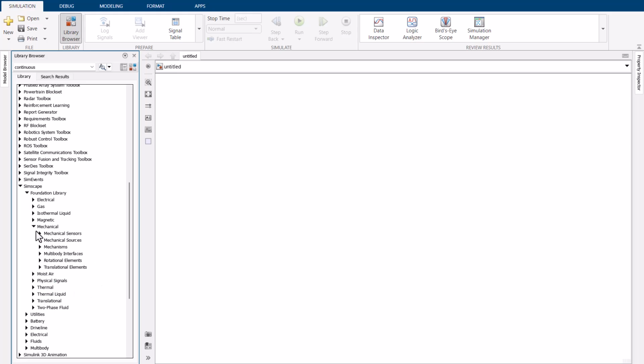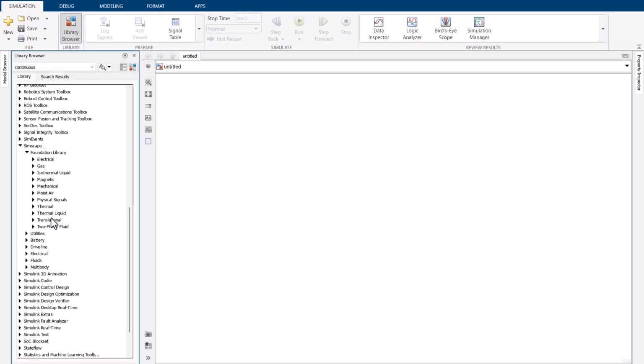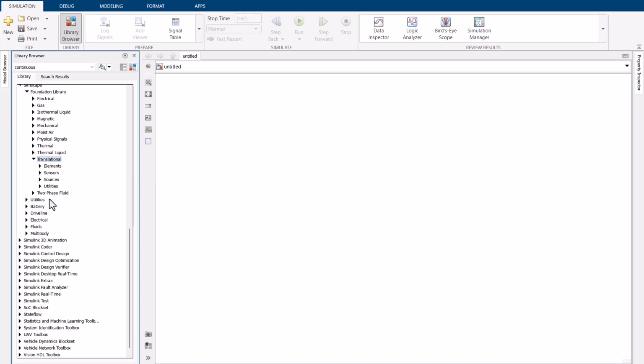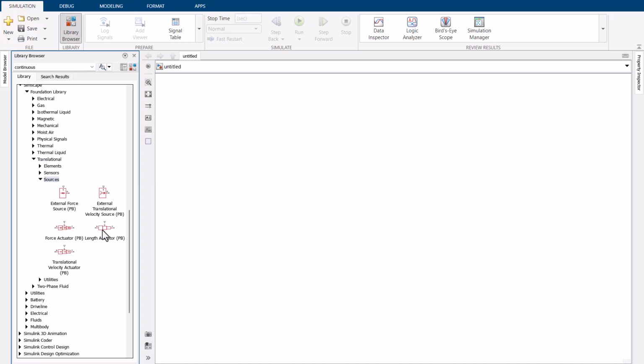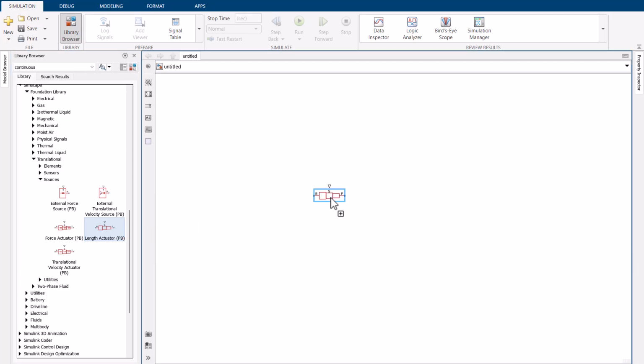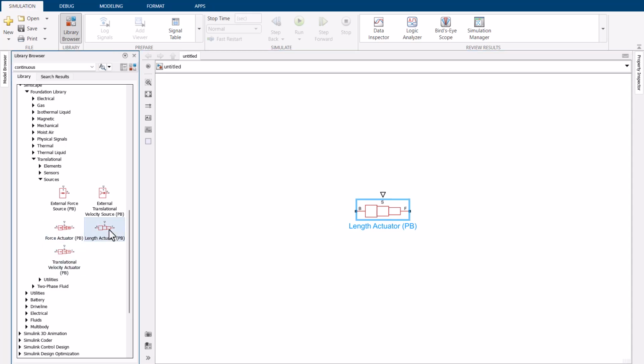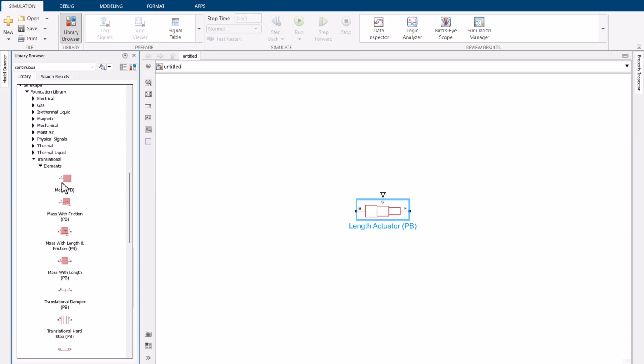So instead, I have to go to another library, which is called translational. And here, under sources, I have a length actuator. And this block can make an ideal bumpy surface for me. So that's the only way to do that in Simscape right now.